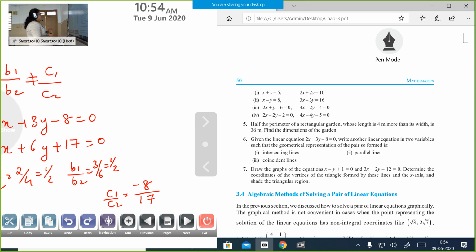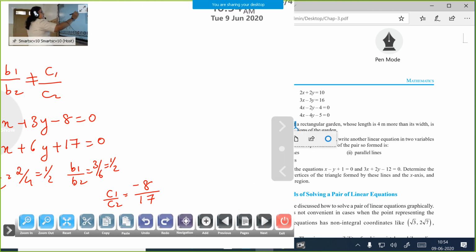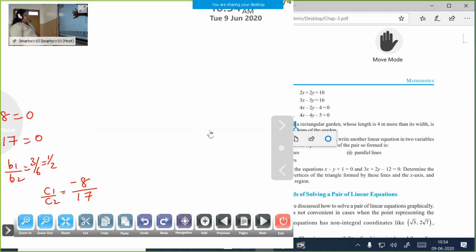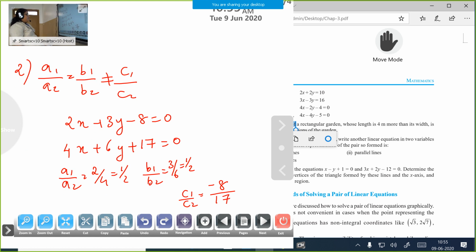So we form 2x plus 3y minus 8 is equal to 0, and 4x plus 6y plus 17 is equal to 0.